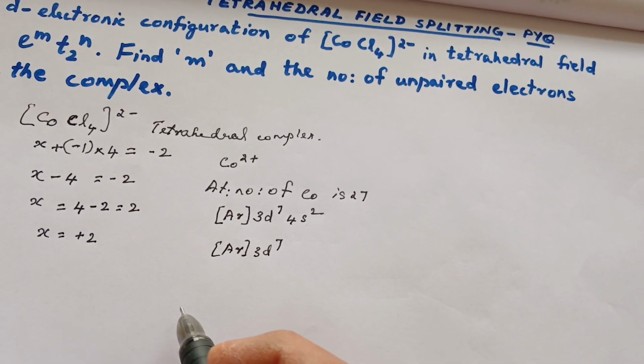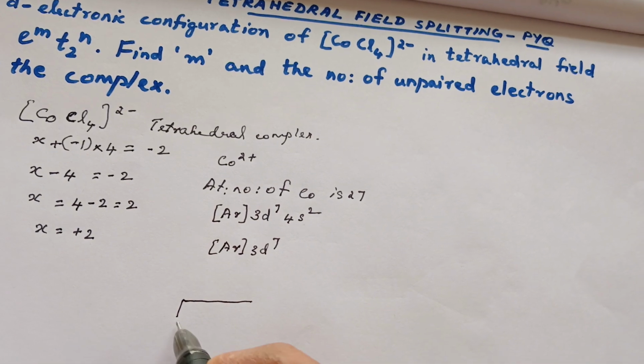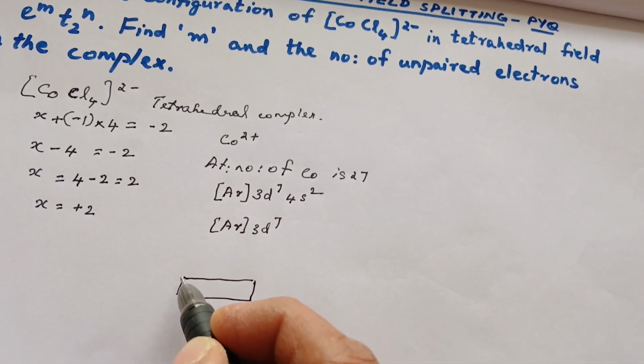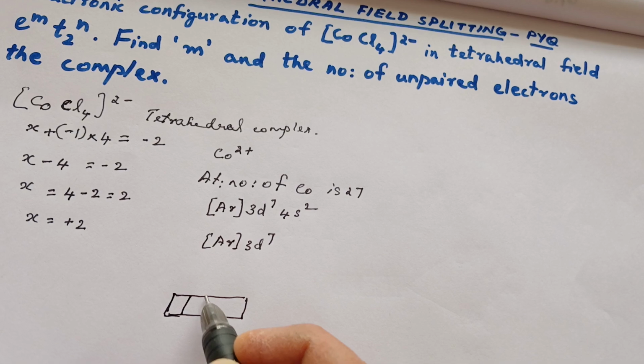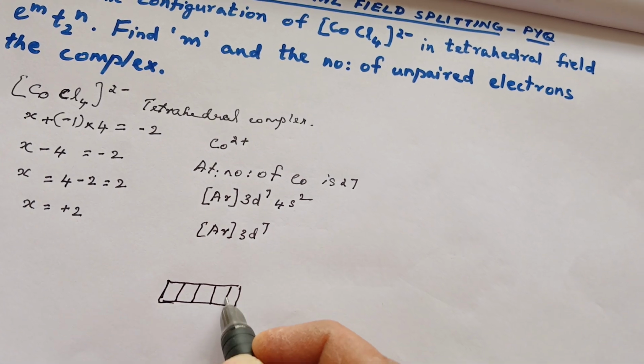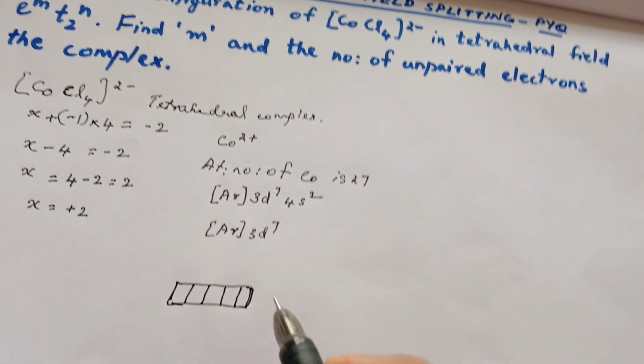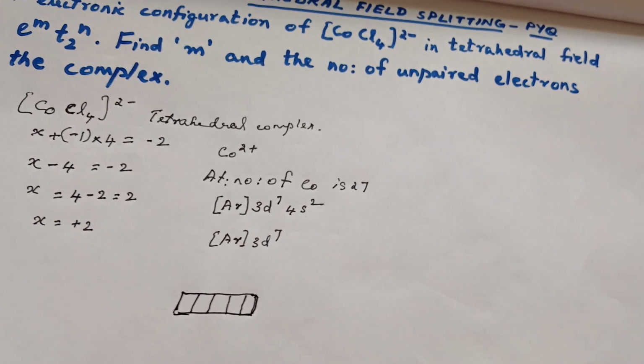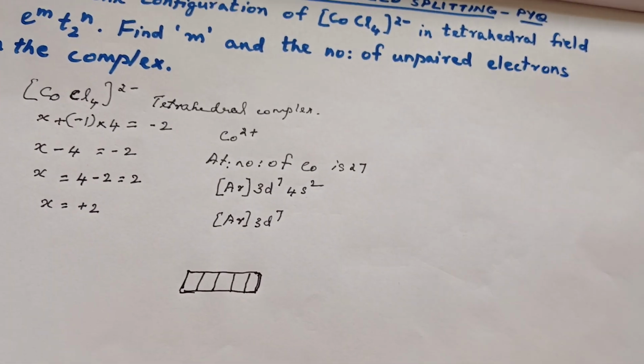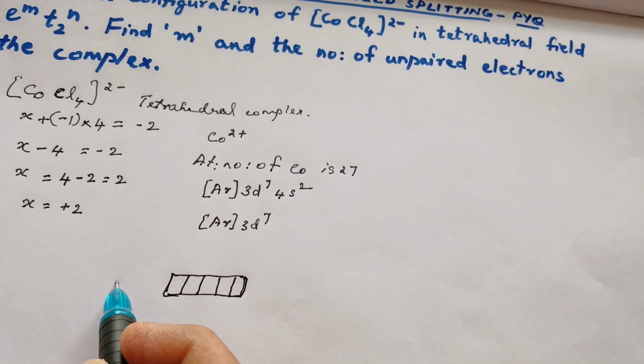So let us draw the diagram of the d orbitals. Five d orbitals. These d orbitals are under the influence of the ligand.